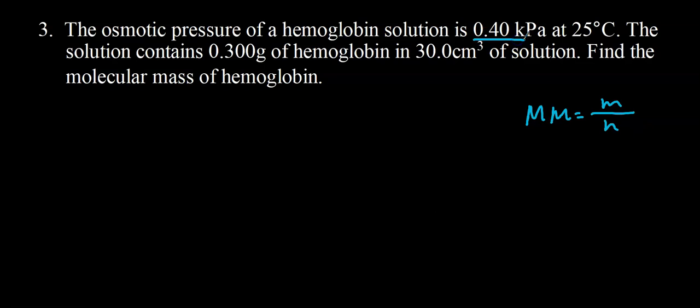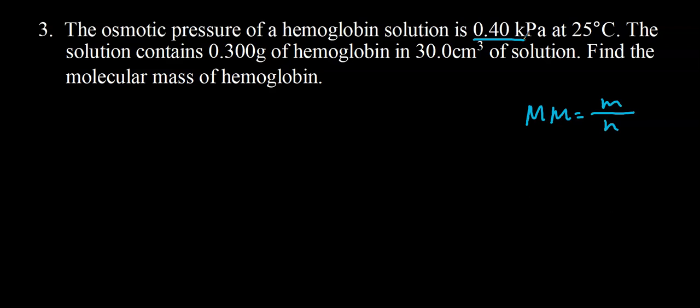So what are we going to use the osmotic pressure to find? So we know osmotic pressure. We always know R. We know the temperature, so let's use that to find molarity. So kind of like what we did with boiling point elevation and freezing point depression, where we used those formulas to find molality, this time we're going to find molarity.